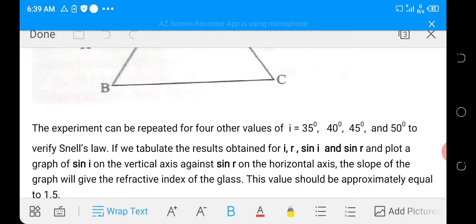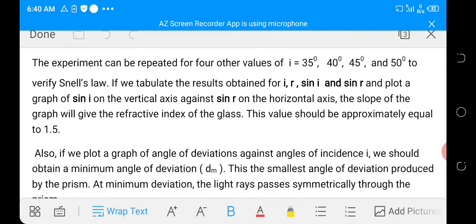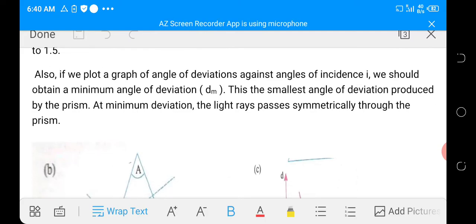So if we tabulate the results obtained for i and r, sine i and sine r, and plot a graph of sine i on the vertical axis against sine r on the horizontal axis, the slope of the graph will give the refractive index of the glass. This value should be approximately equal to 1.5, which is assumed to be the refractive index of the glass.